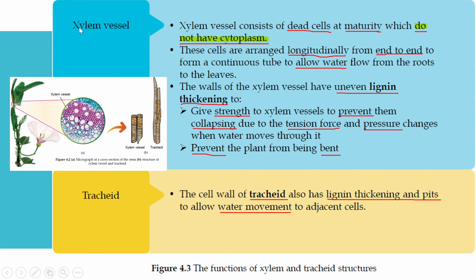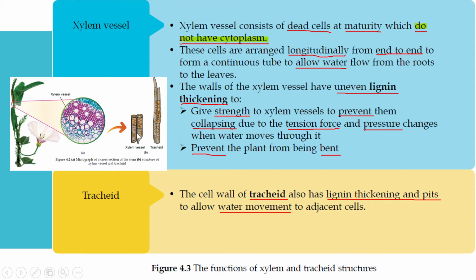Now, let's look at xylem vessels. Remember, the good partner of xylem vessels is the tracheid. The xylem vessels, which we will look at first, consist of dead cells at maturity. Remember that they don't have cytoplasm, and the cells are longitudinal from end to end, forming continuous tubes.